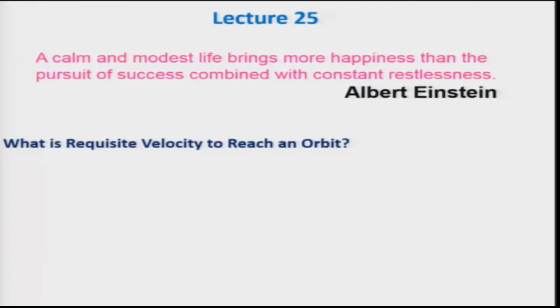Today we will be discussing the requisite velocity to reach an orbit. This is a very pertinent question we need to answer, so that we can develop the rocket engine to provide this requisite velocity to the rocket vehicle. Let us consider a planet.